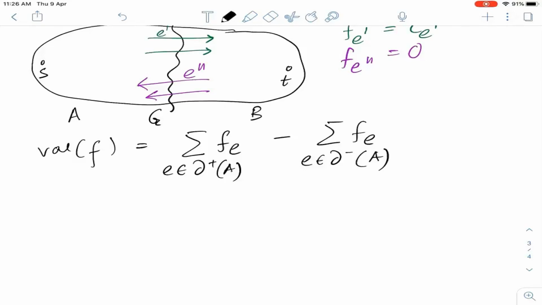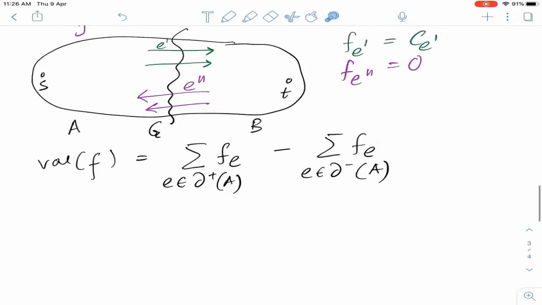Okay? Good. But now I have a special kind of A and B. This is not just any A and B. This is an A and B that I have constructed out of some condition, and I have proved all these very interesting properties about this cut AB. So what can I replace the first term with? Well, now I can just say equal to.